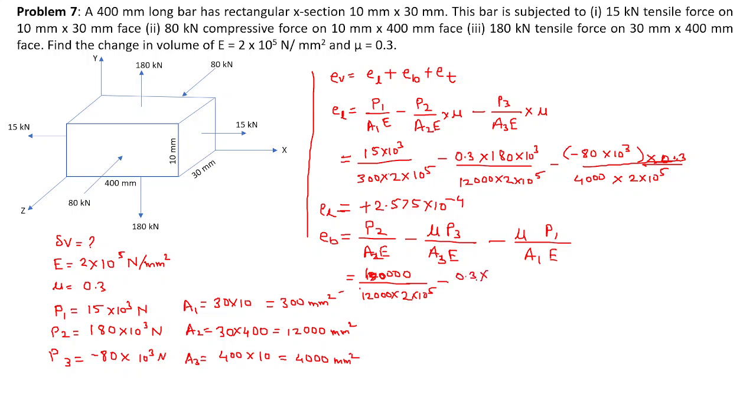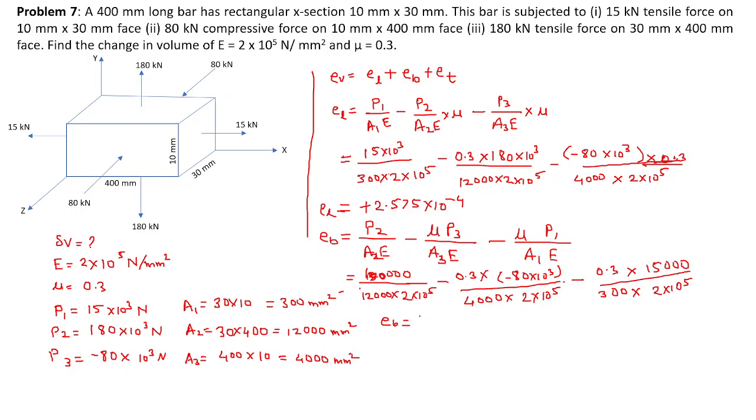Then 0.3 into P3, negative 80 into 10 raised to 3, divided by 4,000 into 2 into 10 raised to 5. Negative of 0.3 into P1, which is 15 into 10 raised to 3, that is 15,000, then A1 is 300 into E, 2 into 10 raised to 5.